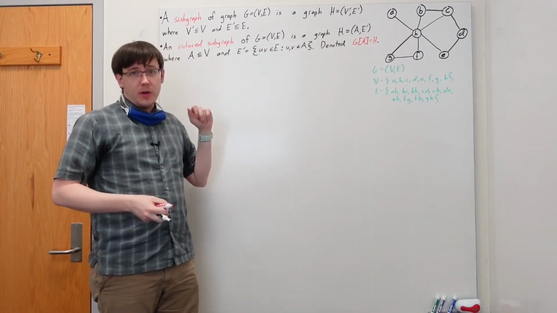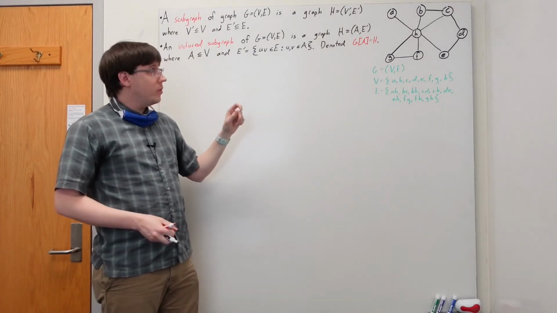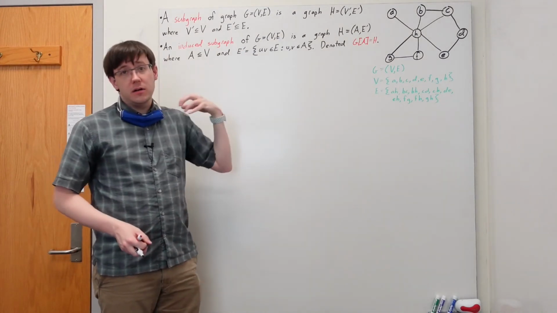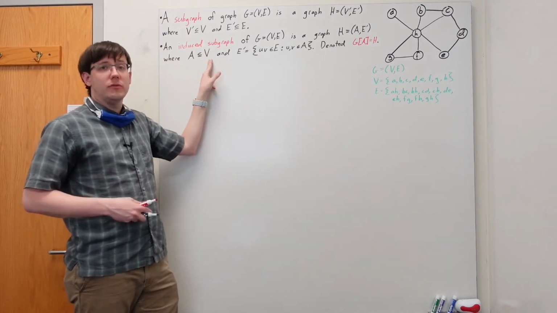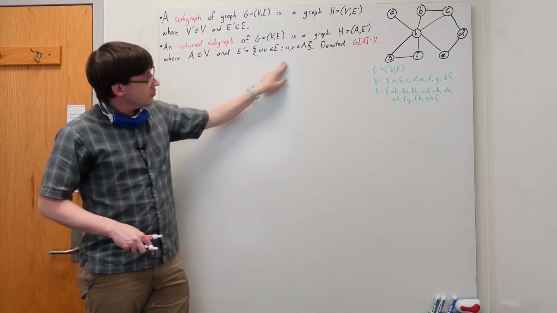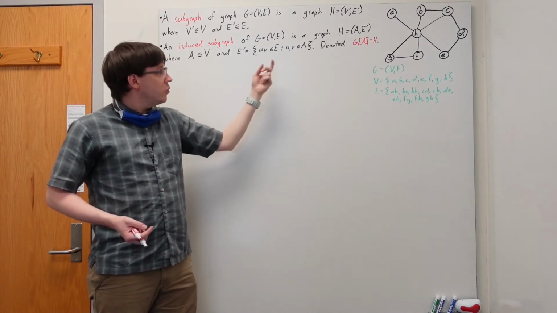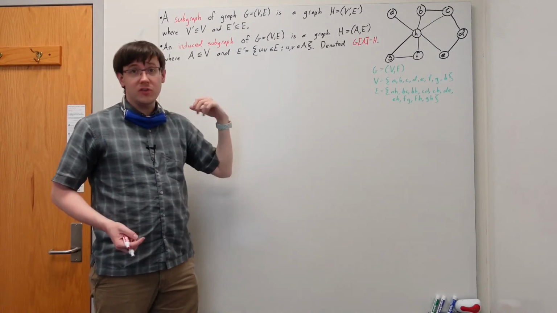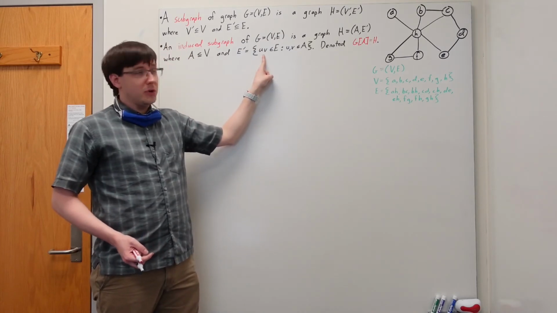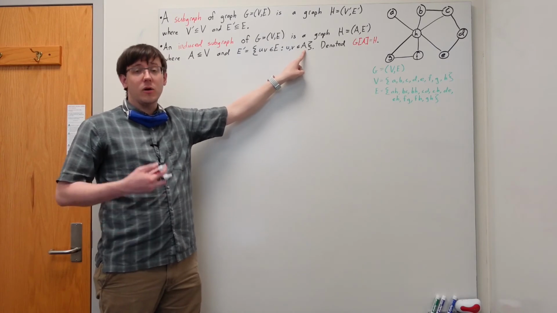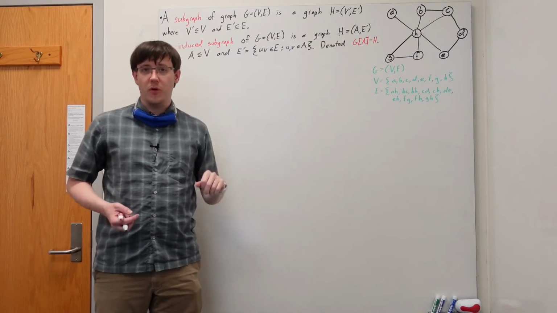An induced subgraph is specifically the graph that we get when we delete some of the vertices. So we have A as a subset of our original vertex set, and then we preserve all of the edges that we can between any vertices in the subset A.